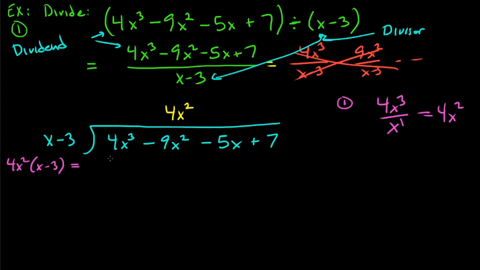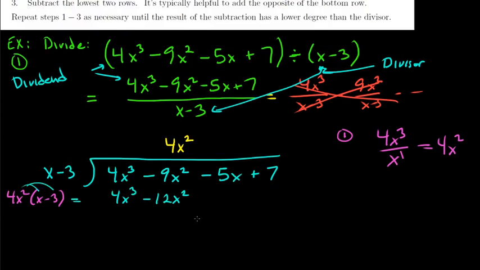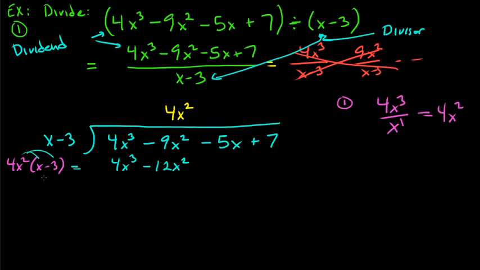So 4x squared times x is 4x cubed. And then 4x squared times negative 3 is negative 12x squared. Just distribute. So yeah, this is step 2.